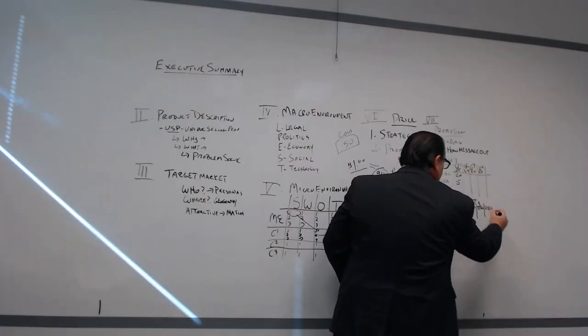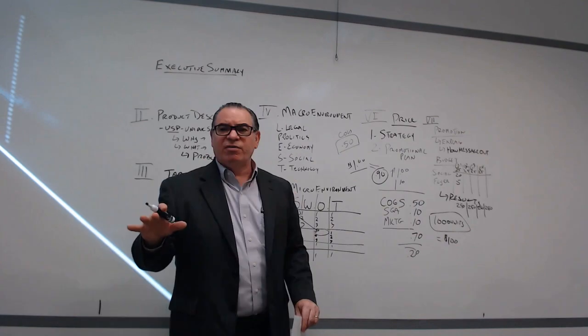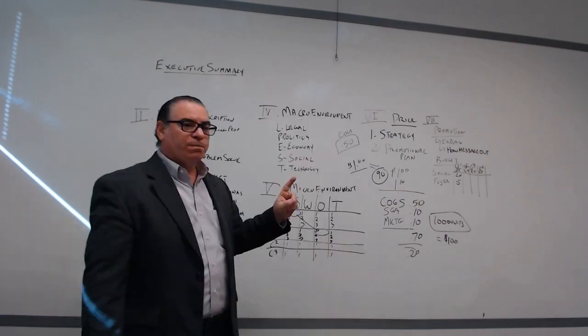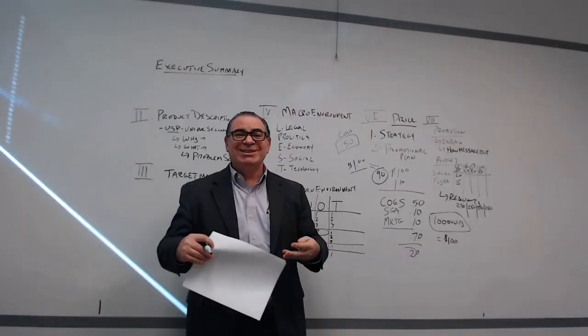Everybody see the math there? That's just simple math. If we're going to sell 1,000, we can assume we're going to sell 250 per quarter, which is 25 is what? 10% of 250. So now if we go back and look at our math, that all ties in together. See how it all ties in together?